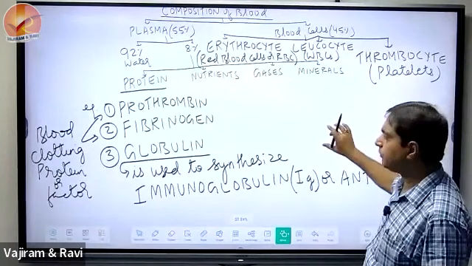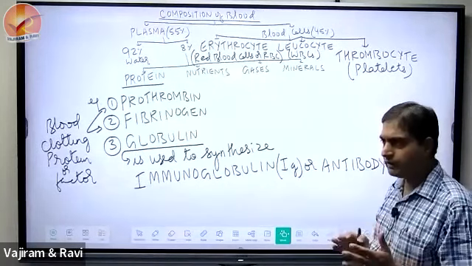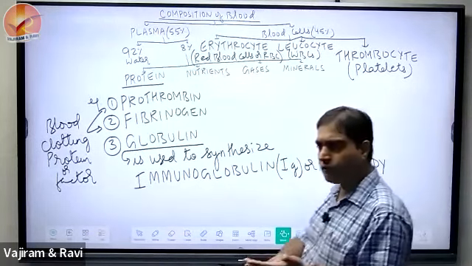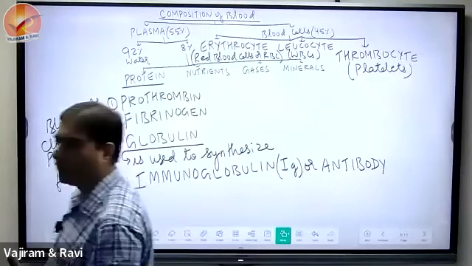So globulin is the raw material. Globulin is a plasma protein. This plasma protein, globulin, is the raw material to form antibody in your body.